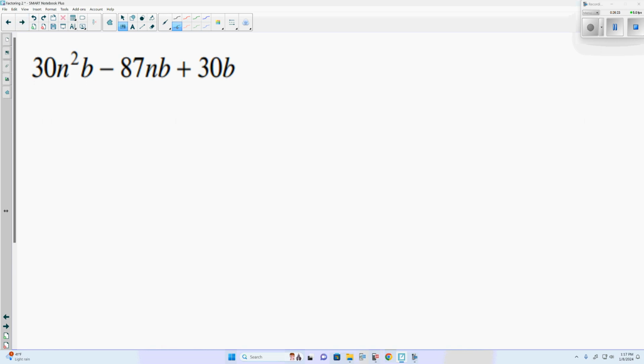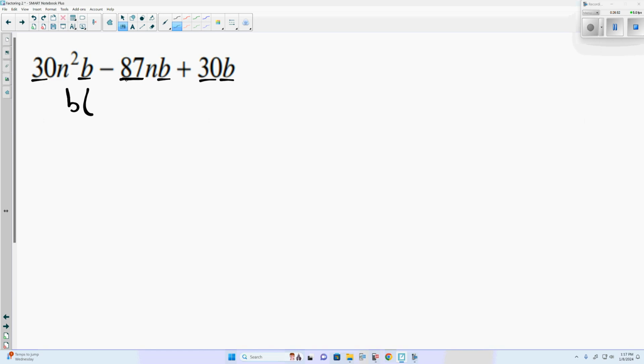Looking at these three terms, is there a greatest common factor? There is a common factor b in all three, because all three of these terms do have the factor b. Is there another greatest common factor? Possibly 3, because 30 and 30, we know 3 goes into it.